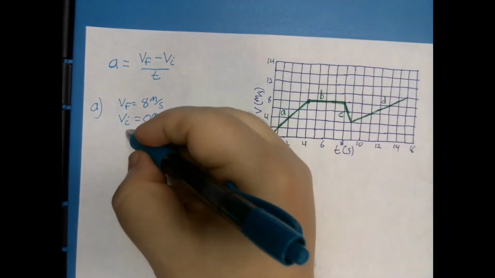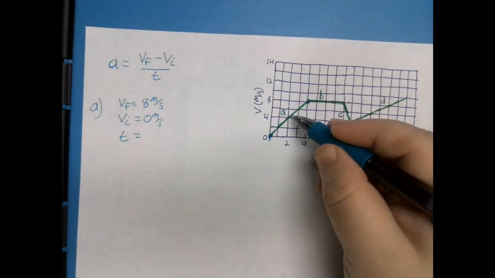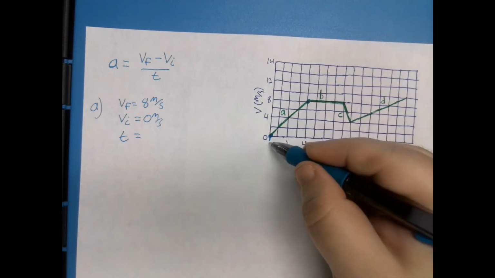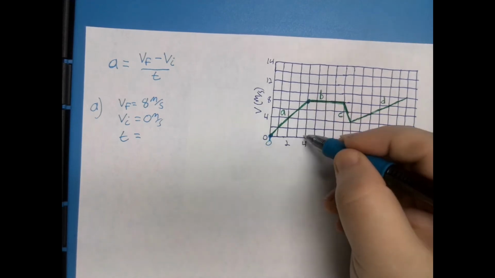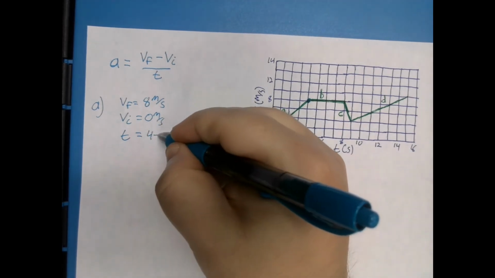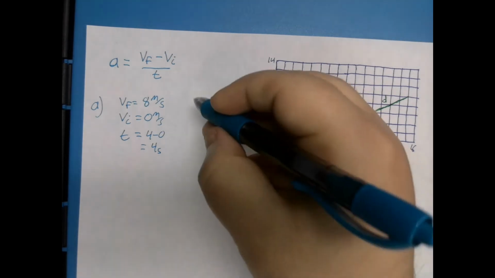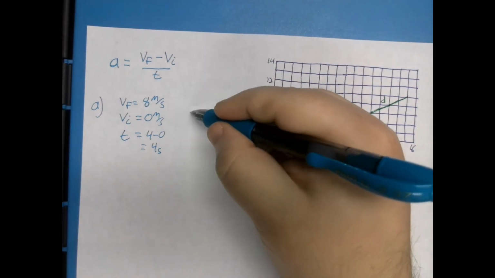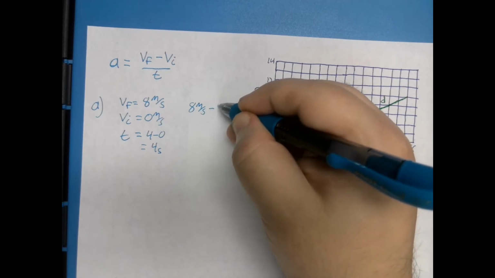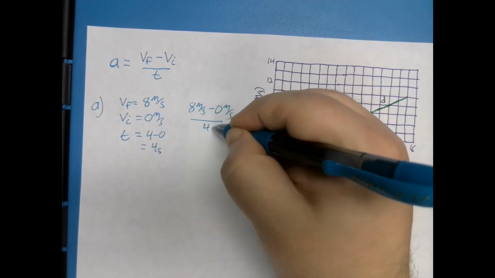And then we need to figure out the time. The time length of segment A is between 0 seconds and 4 seconds, so it would be 4 minus 0, which is just 4 seconds. Here we can plug it in: 8 meters per second minus 0 meters per second over 4 seconds.